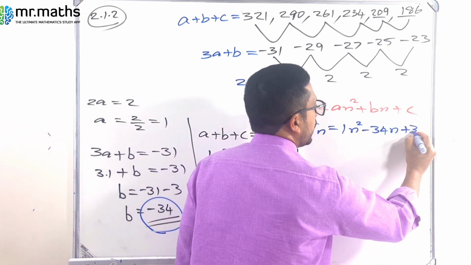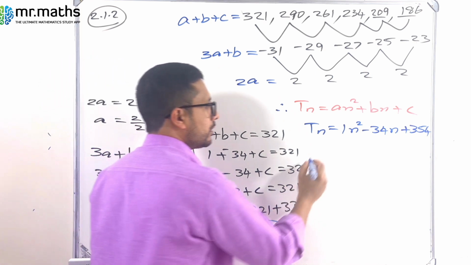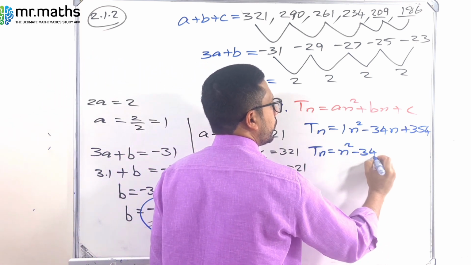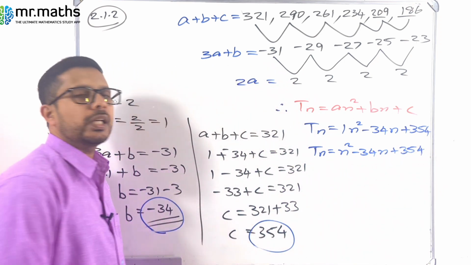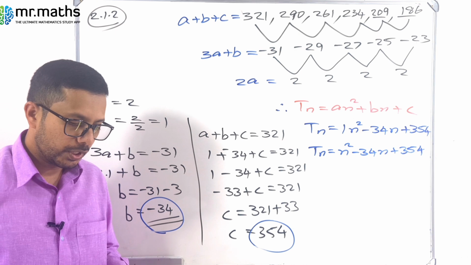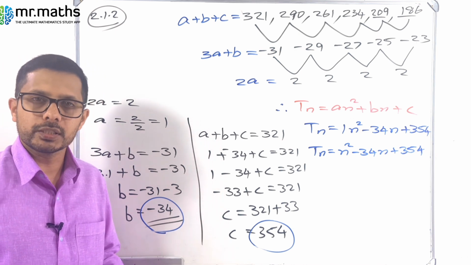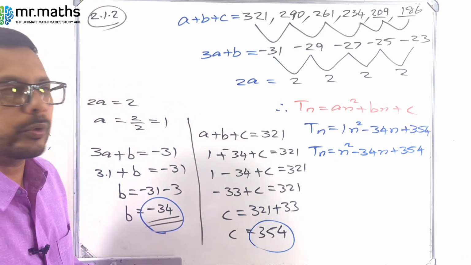So plus 354. So 1 n square means it is n square. So it is n square minus 34 n plus 354. So that is the general term of the quadratic sequence, n square minus 34 n plus 354. Okay, so that is question number 2.1.2.